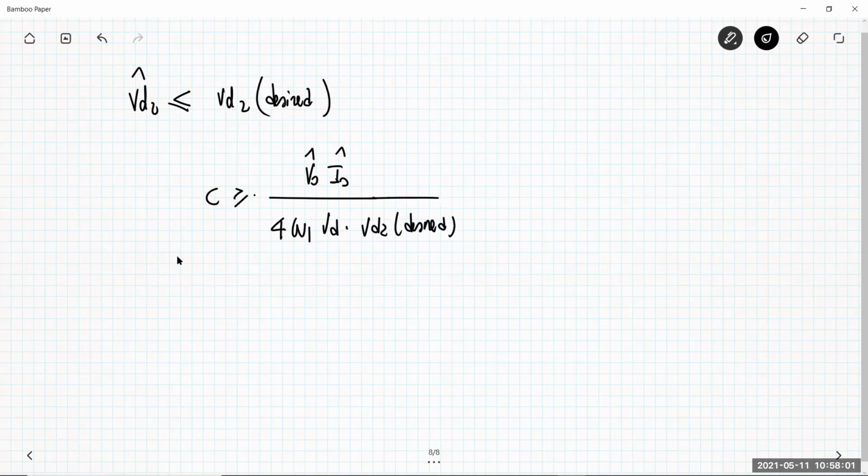This can be a few percent of the voltage VD. For example, if voltage VD is 100 volt, you can admit 1 volt. And then you can have an expression for a value of this capacitor.